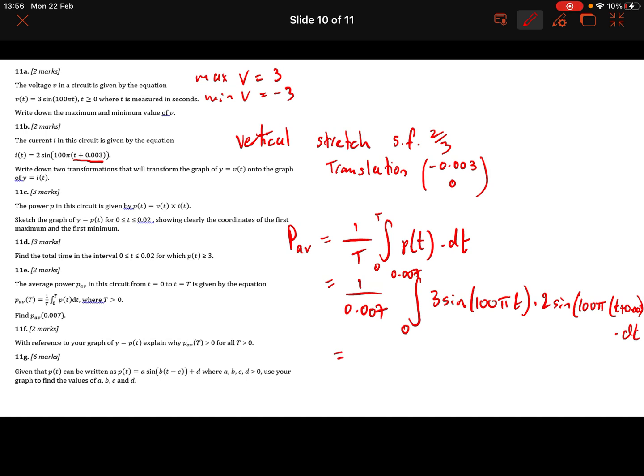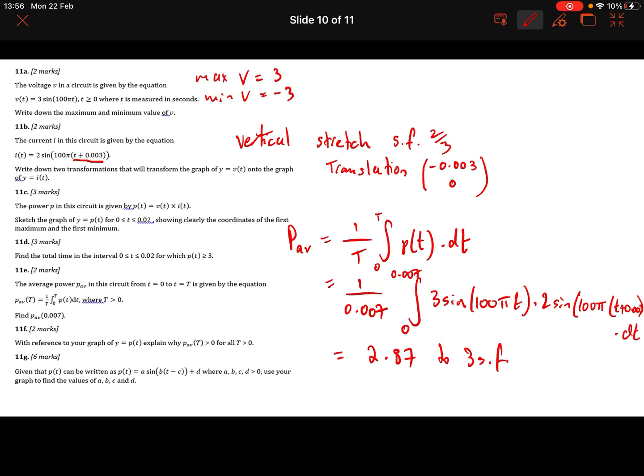Okay? Now, in 11F, with reference to your graph, explain why the average power is always greater than 0. Okay? Now, let's actually have a look at our graph.